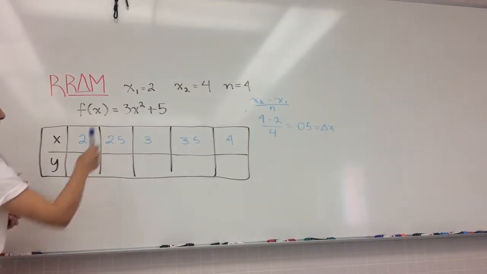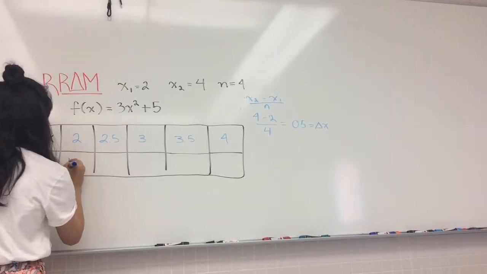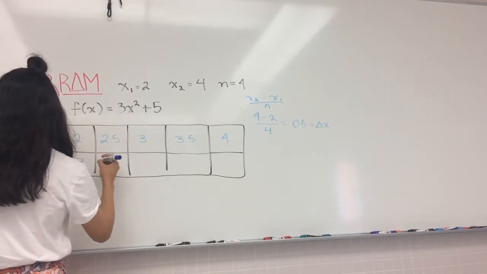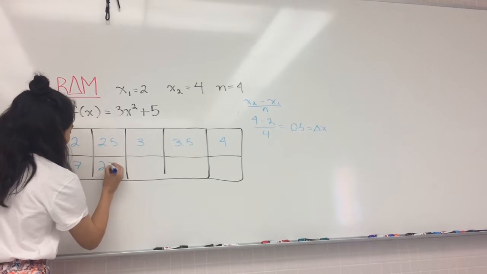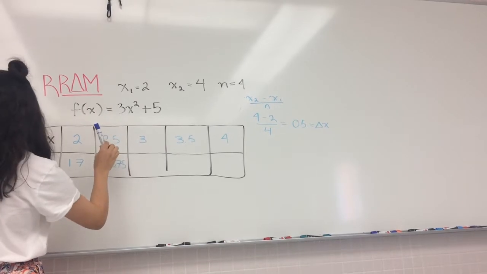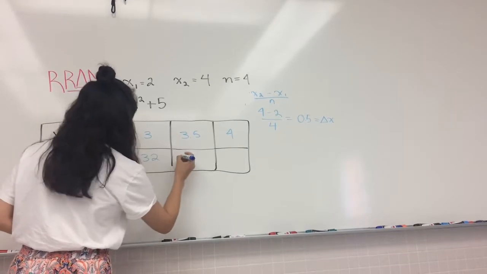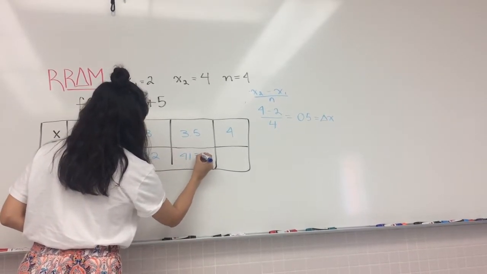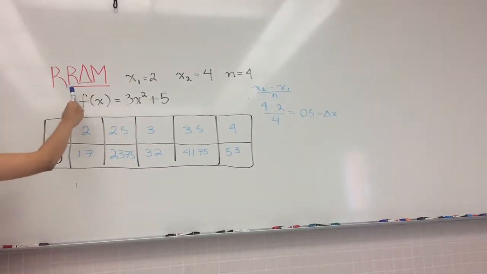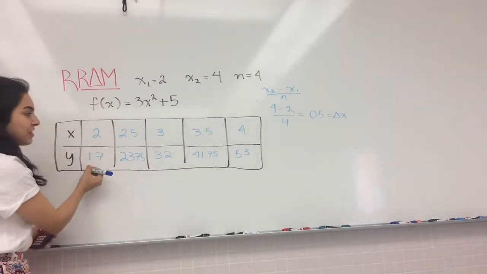Then we gotta substitute for each value. So this is 17. 2.5 squared times 3 plus 5 is 23.75. Now 9 times 3 plus 5 is 32. Then 41.75. And finally 53. Since we're gonna get the right RAM, we must do from here to here without this one, because this one's for the left RAM.